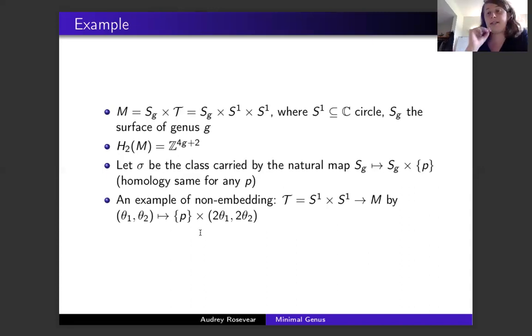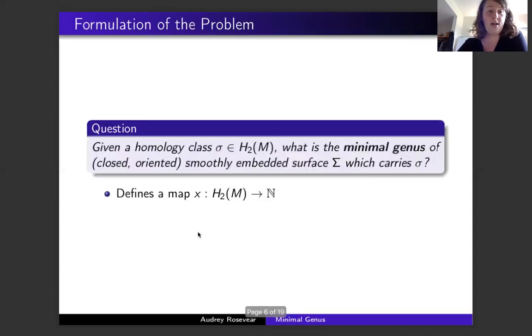Now, every class can be represented by an embedding, just not necessarily by a torus. It may have to be a surface of higher genus. So that allows us to formulate the exact problem that we're trying to solve, which is called the minimal genus problem. Given a homology class, what is the minimal genus of embedded surface which carries that class?